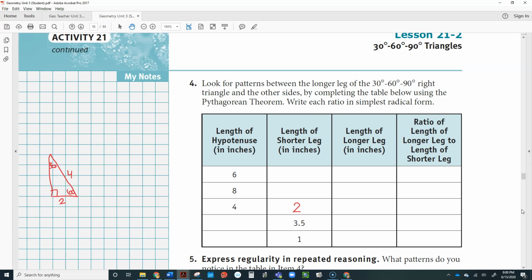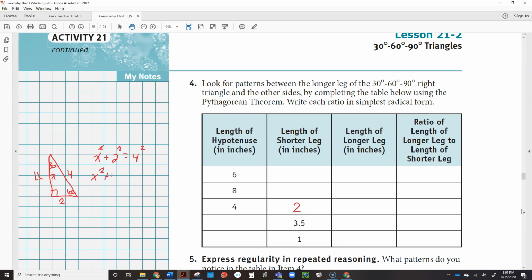That's the 30-degree angle. So this is the long leg over here. So can I call this x? I hate using LL.